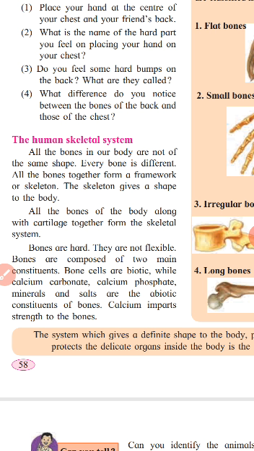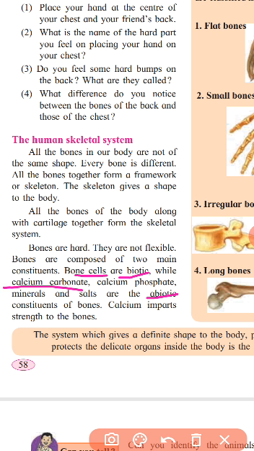Bones are composed of two main constituents. First is biotic and second is abiotic. In biotic, what comes? Bone cells. While calcium carbonate, calcium phosphate, minerals and salts are abiotic. What is abiotic?